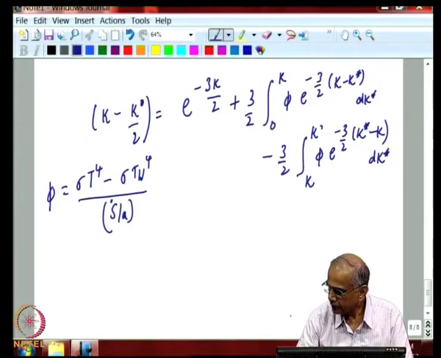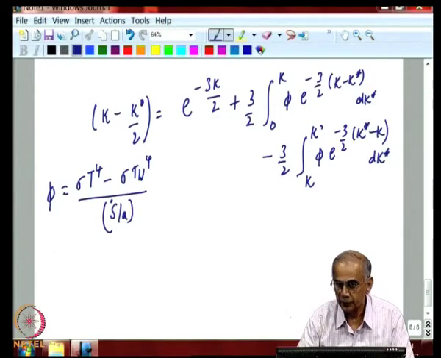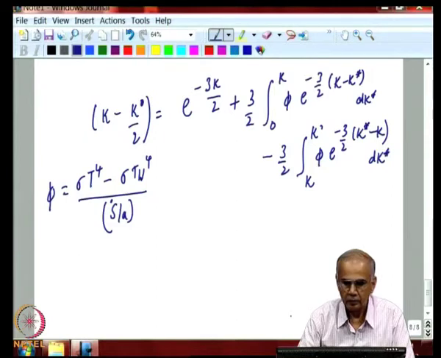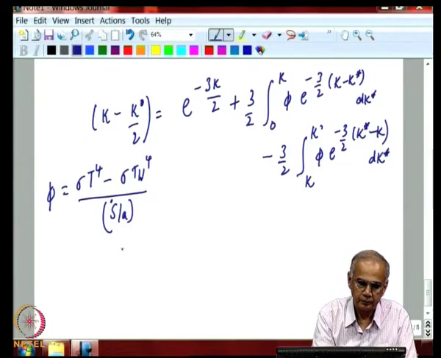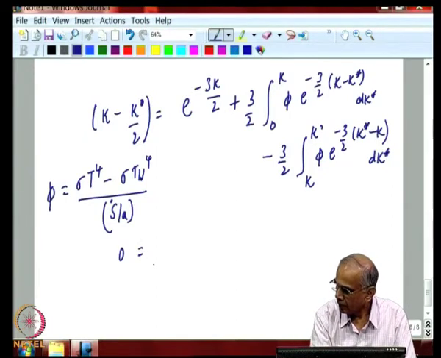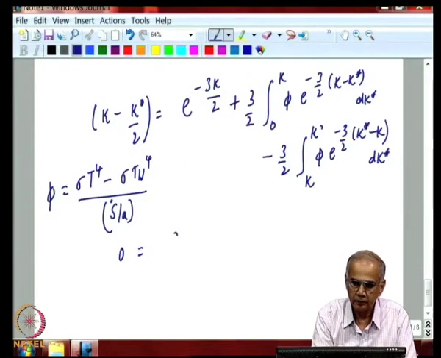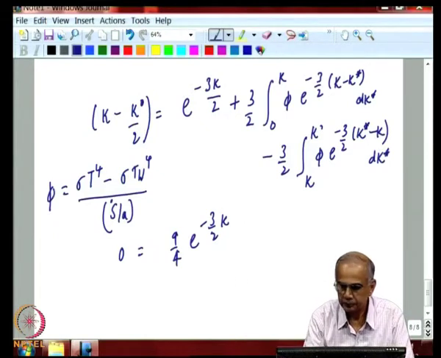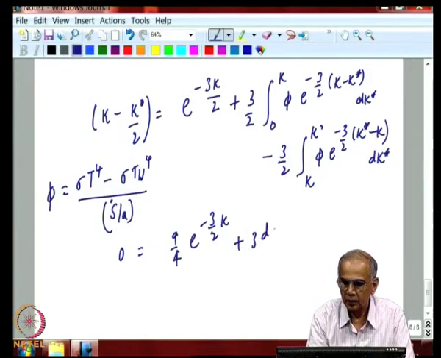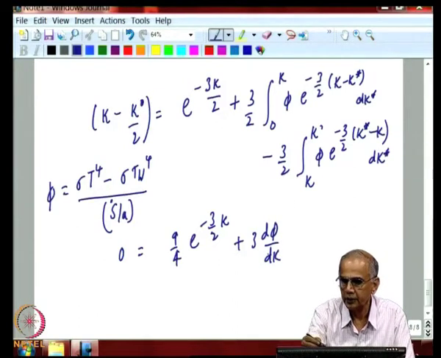Now, you can differentiate this equation twice like before, and you will get, and this you will recall will come from the Leibniz rule for the limits.